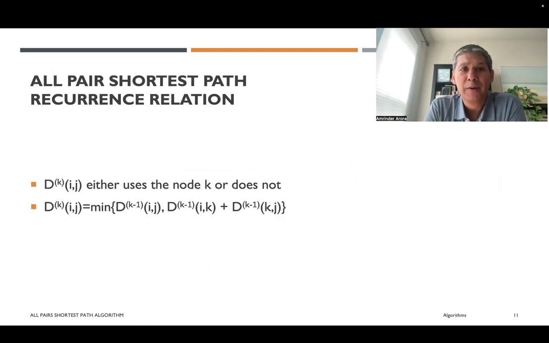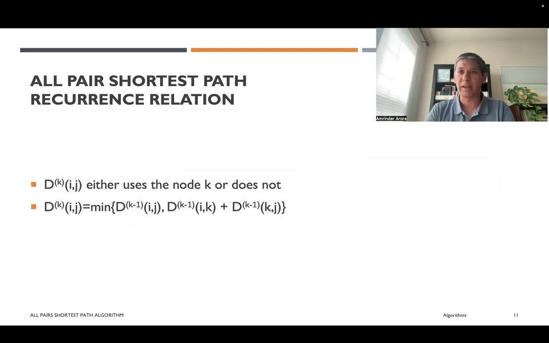Going back to the recurrence relation itself, in the Floyd Warshall algorithm we would say d^k_ij, the shortest path between i and j using the set of nodes 1 through k as possible intermediate nodes, would either use the node k or not.